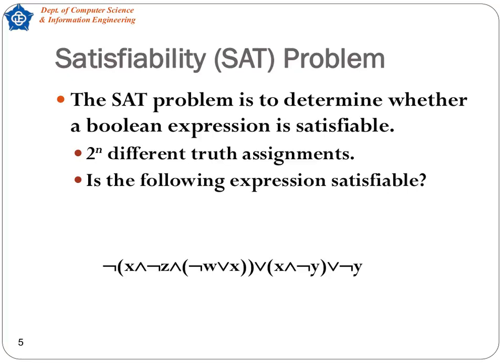For example, take this formula: not x and not z and not w or x and not y or not y. The key question is, can we pick truth values for x, y, z, and w that make this expression true? Finding that assignment, or proving none exists, is exactly what SAT is all about.